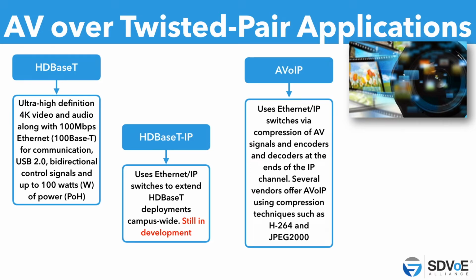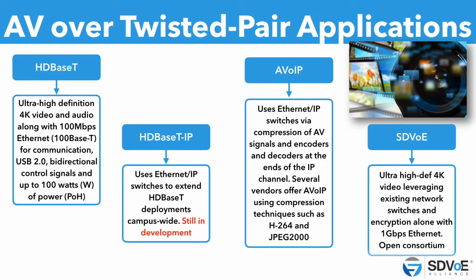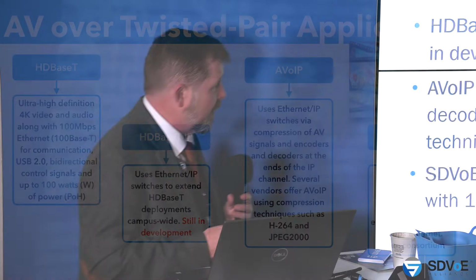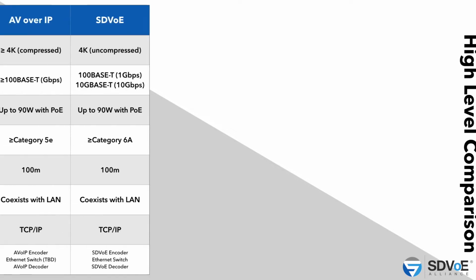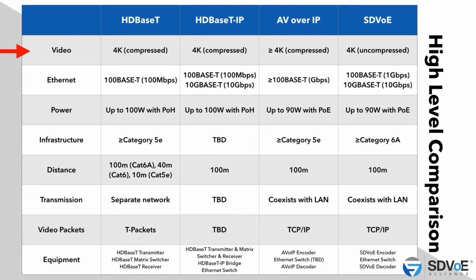We are able to do a little bit of compression and uncompressed data as we're being able to move it across. And this is as we start moving towards higher. But with SDVoE, we're talking about real high definition systems and how we can drive that forward over a copper-based and fiber-based network. If we start looking at the different types of technology out there, video has got to be compressed if we're running HDBaseT.